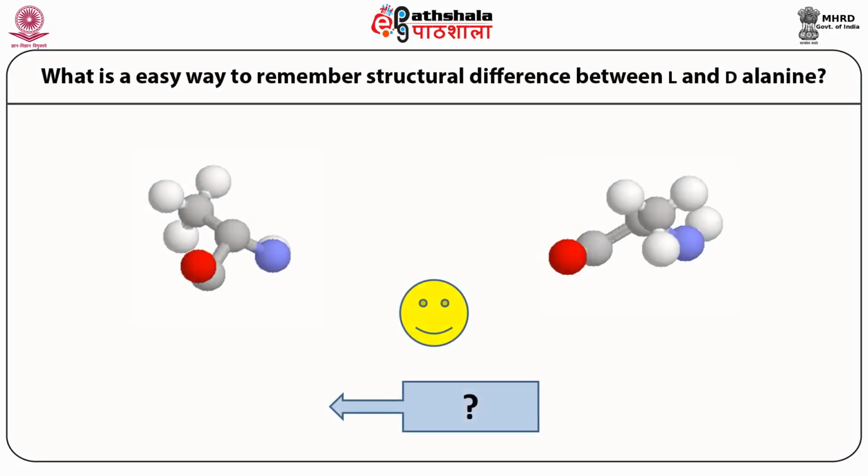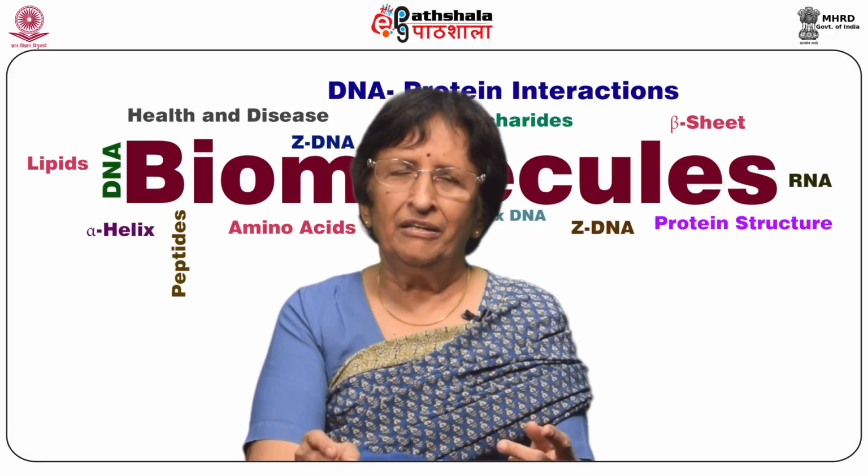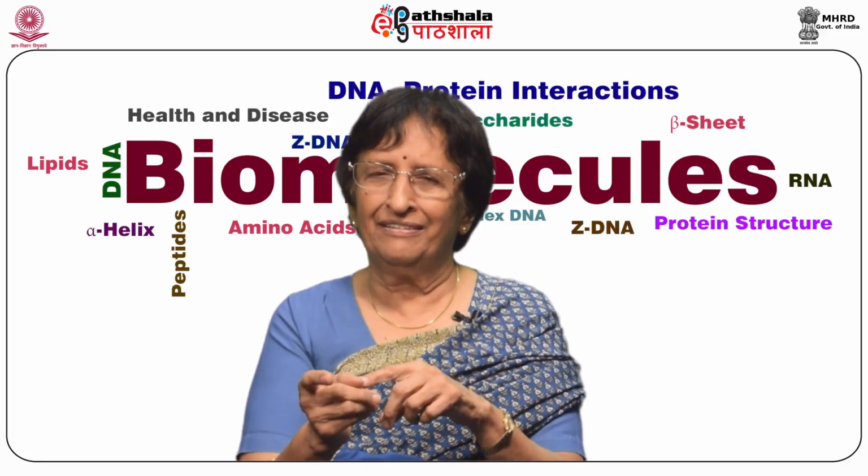If I show you only a picture of L-alanine and D-alanine, how will you recognize it? There has to be some easier way to recognize the difference between L and D-alanine.